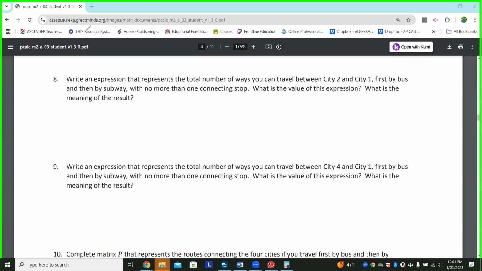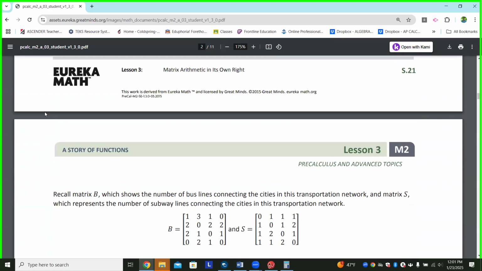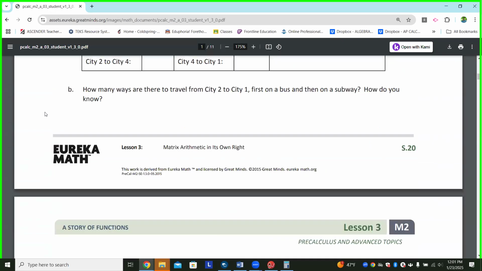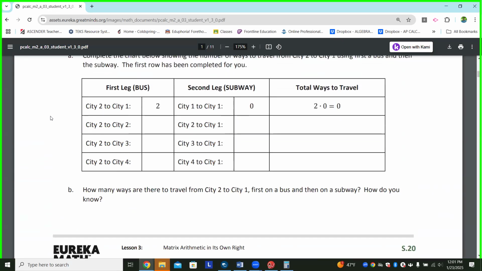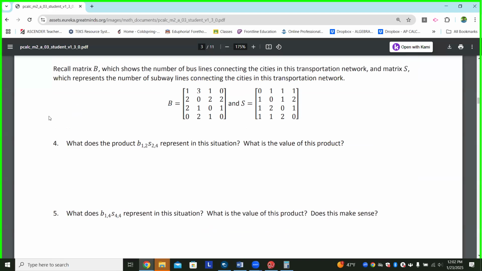That would be row 2, column 1. How many options do I have? Let me back up a little bit. We filled out this chart right here with all the routes to get from city 2 to city 1, first taking a bus, then a subway. So you can backtrack there. We then use that to help us build these matrices right here.